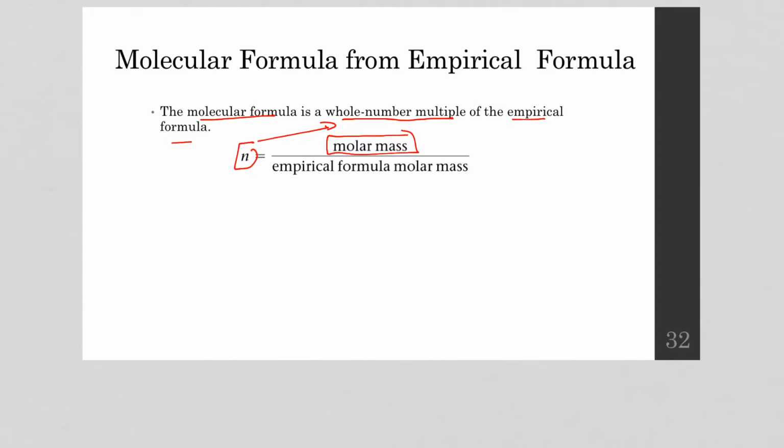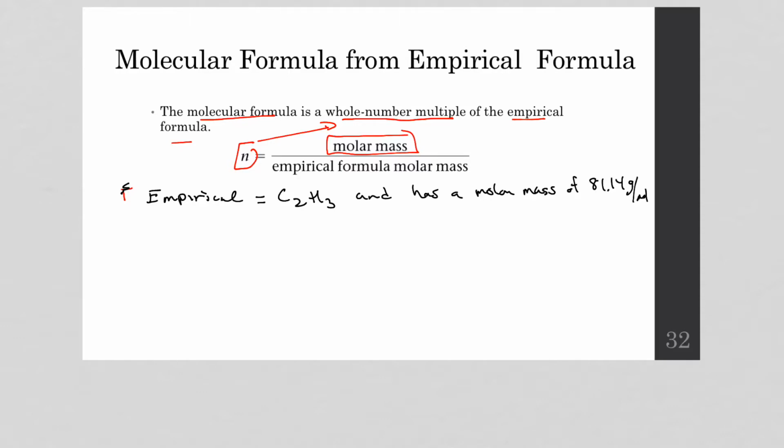So let's just say we're given this information and we have a compound whose empirical formula equals C2H3 and has a molar mass of 81.14 grams per mole. So the key is, now I know the molar mass.